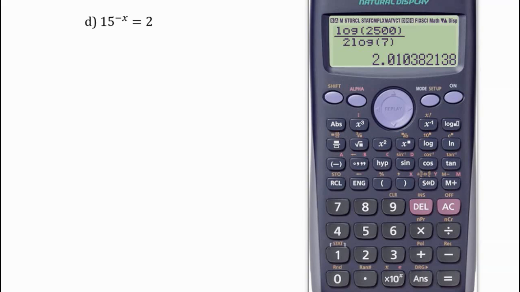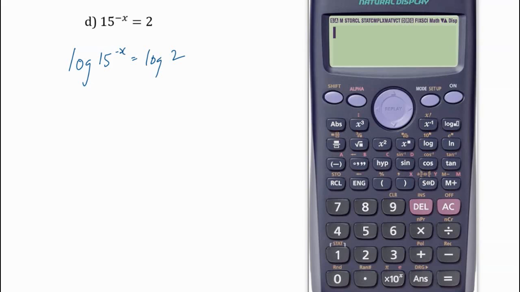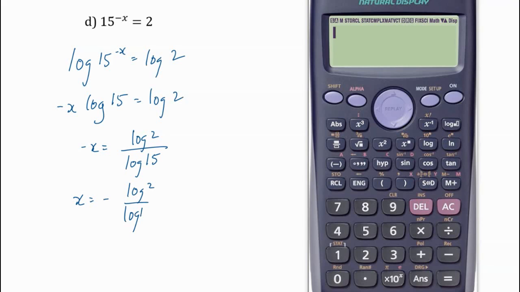Take log both sides. And I got negative 0.3.